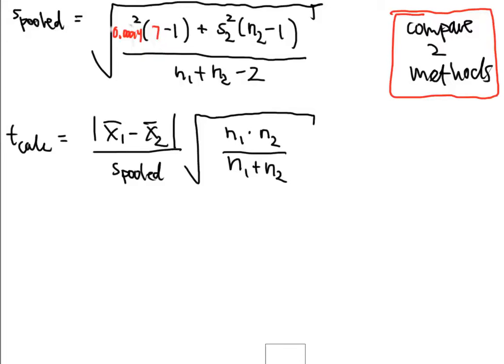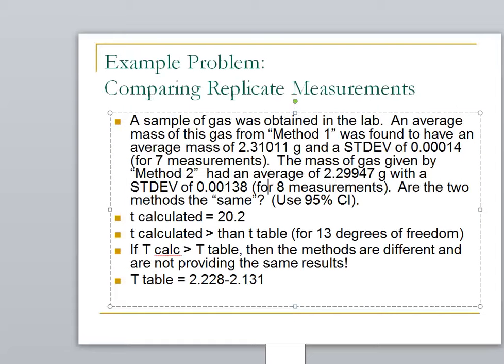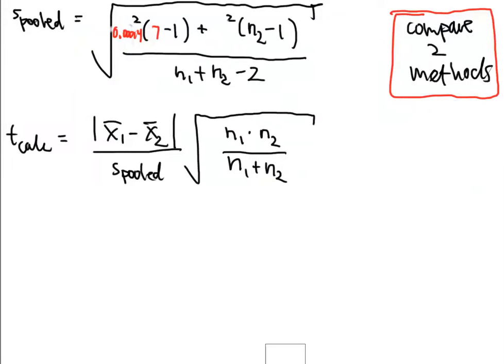All right, so now we get this S2. This is the standard deviation for the second method. So I'm going to erase that. Well, what was that standard deviation? It says my second method, whatever that was, 0.00138. And then I get N2, which is the number of measurements for my second method.